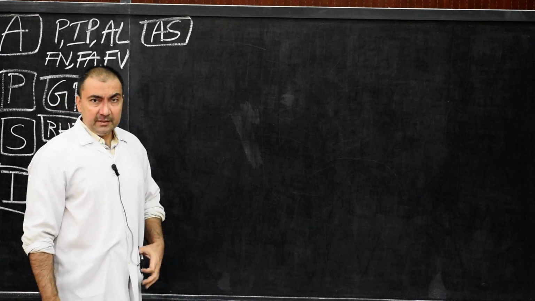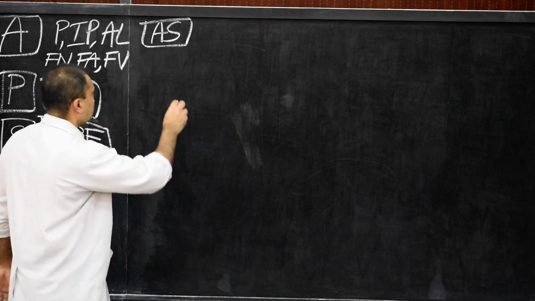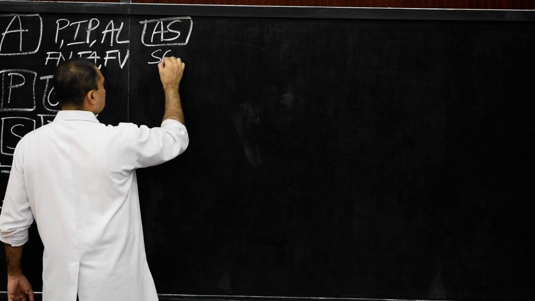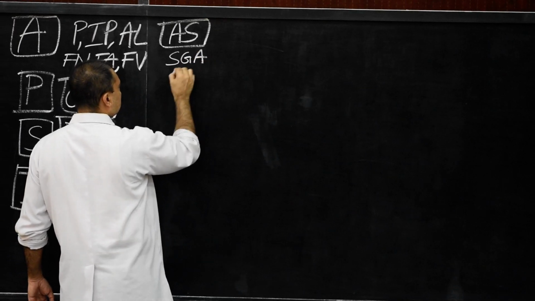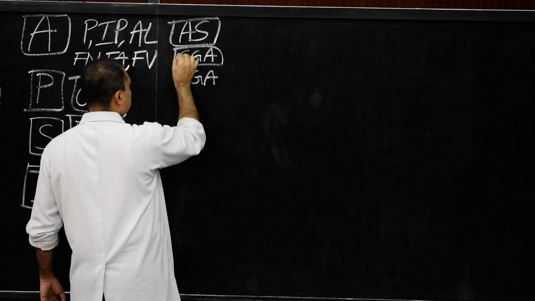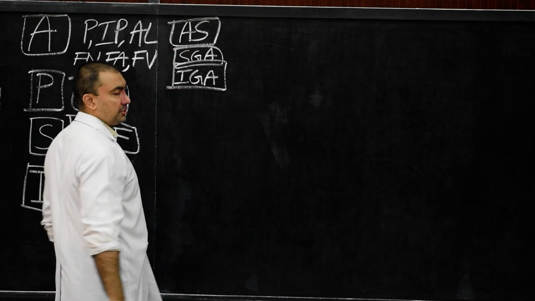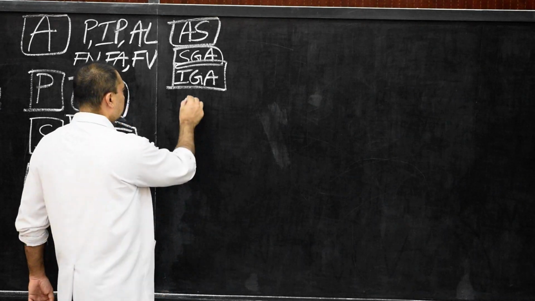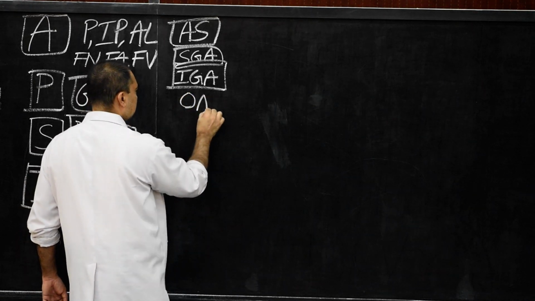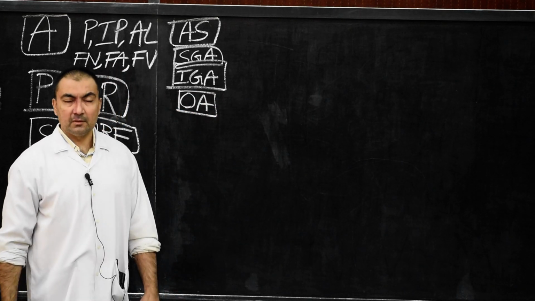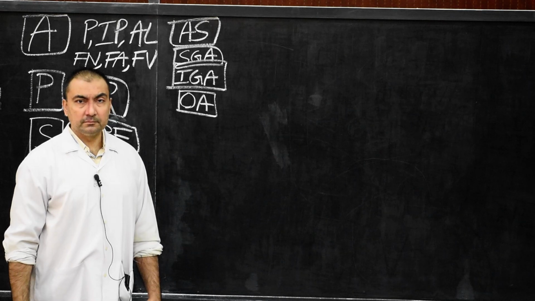Arterial supply, just remember in this way: the superior gluteal artery, inferior gluteal artery. These are the two gluteal arteries. Same, there will be obturator artery.